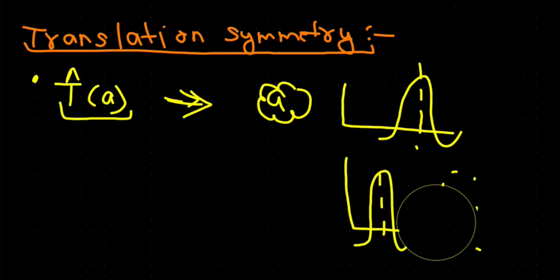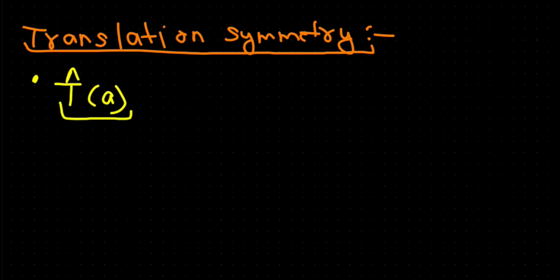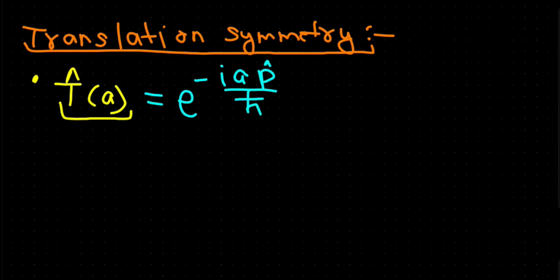Now let's discuss the formula of this operator, how we define it. This operator is defined as e raised to the power minus i a p cap divided by h bar. This is the formula of the translation operator, and you can find the proof not in Griffiths' book, because Griffiths directly uses the result.